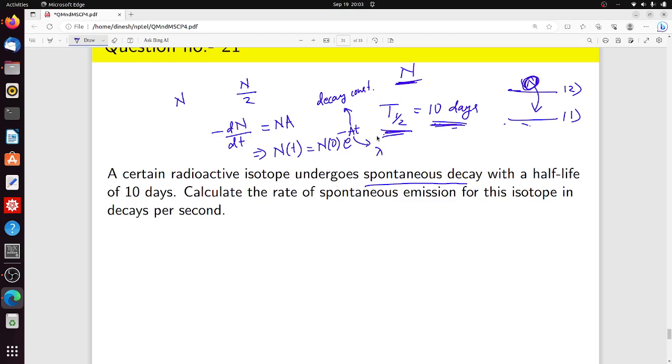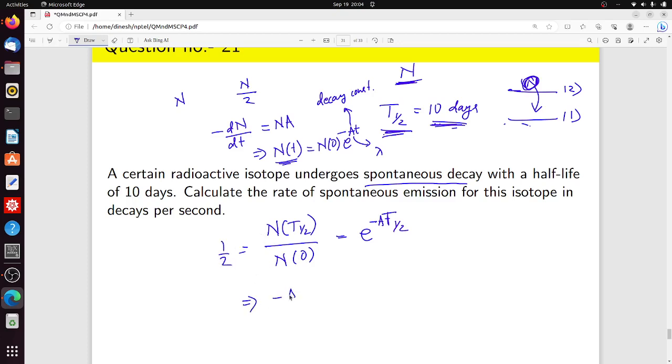Okay, so in this time T half, N goes to half the number. So N of T half over N of 0 is e to the power minus lambda T half, and this number is half.